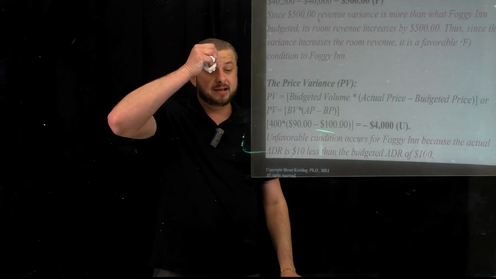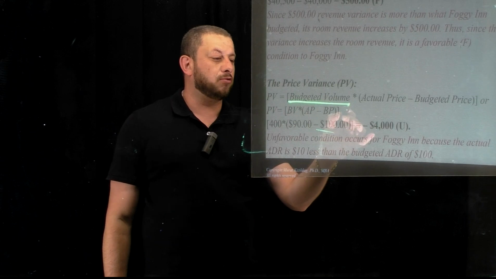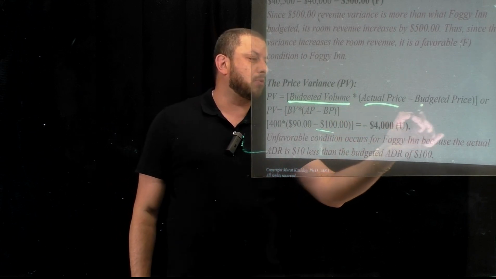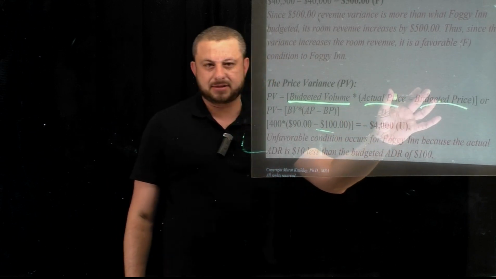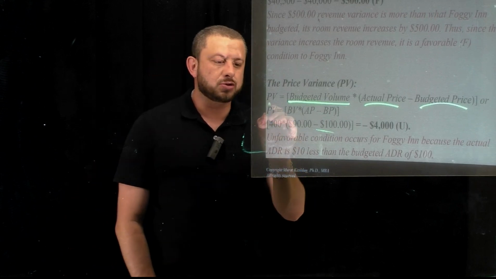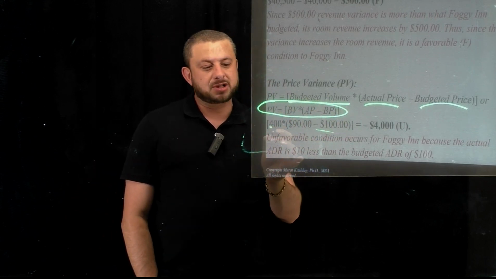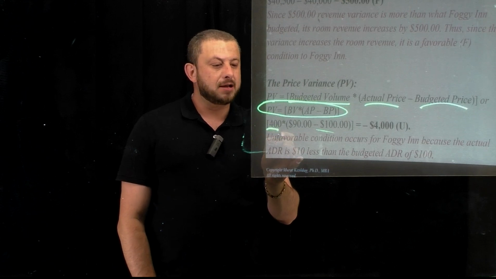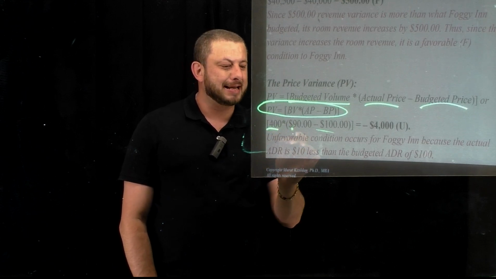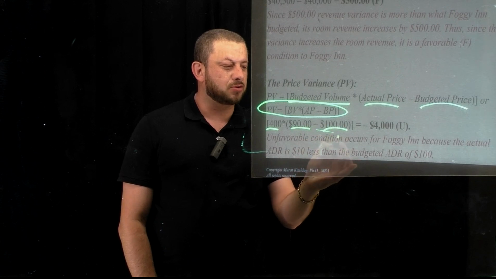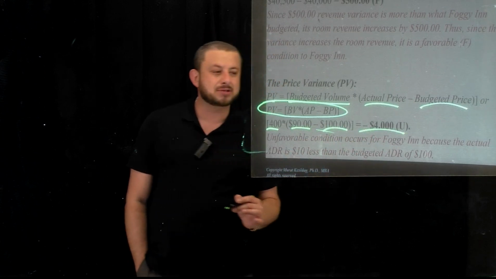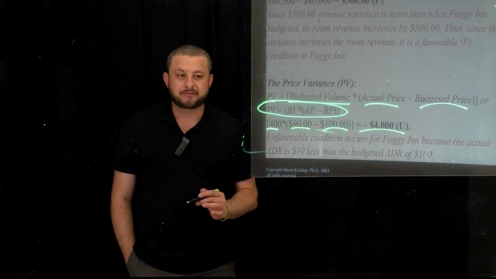So for PV, we have to take the budgeted volume and multiply it by the actual price minus the budgeted price. These are the ADRs, guys. Or you can use the short version of the equation, just like here. We budgeted 400 room nights, multiplied by, in parentheses, $90 of ADR minus $100 of ADR, which gives negative $4,000, an unfavorable condition.